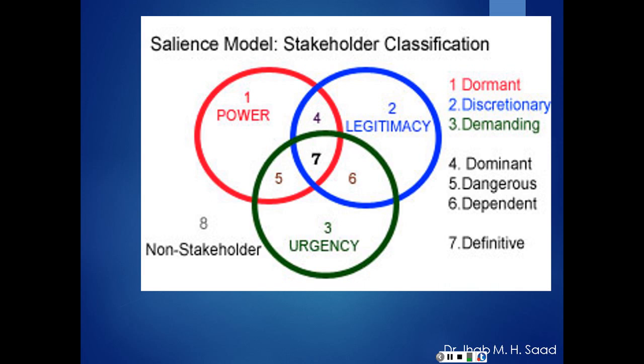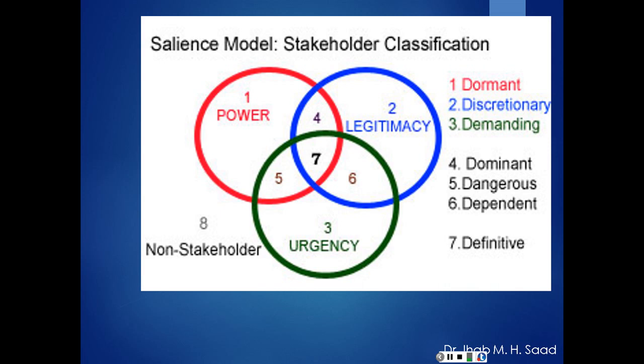Someone who has power but does not have legitimacy or urgency is dormant. Someone who has legitimacy but not power or urgency is discretionary. If you have time, deal with them. Someone who only has urgency is demanding. Again, try to satisfy them as much as you can. And then we have the intersections.